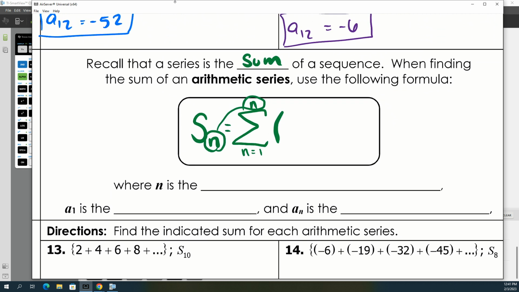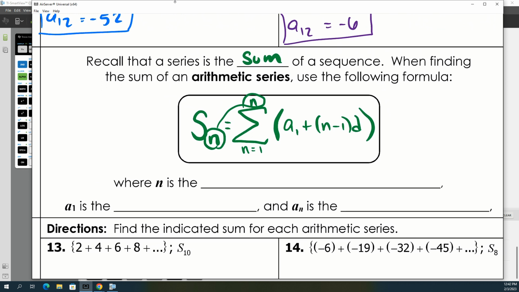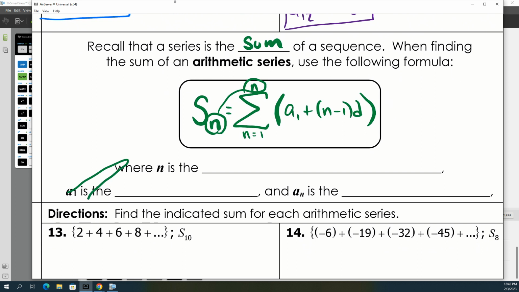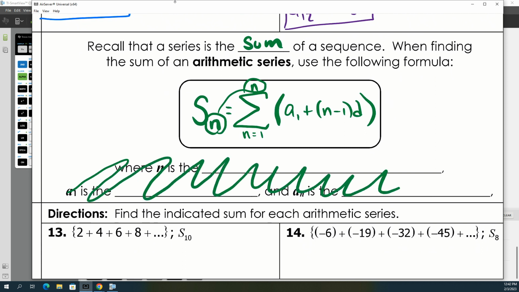And then the function part is just the rule: a sub 1 plus n minus 1 times d. Then you can just type it in, and the calculator just adds up the terms super fast. Now, because we're not using the actual formula, this stuff right here doesn't make sense, so you can just mark it out.